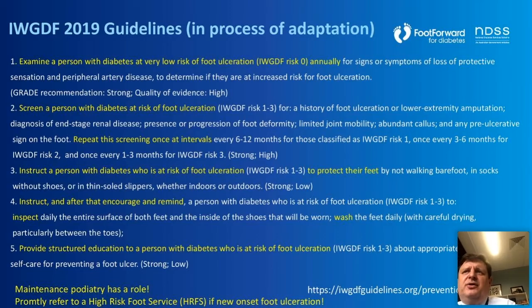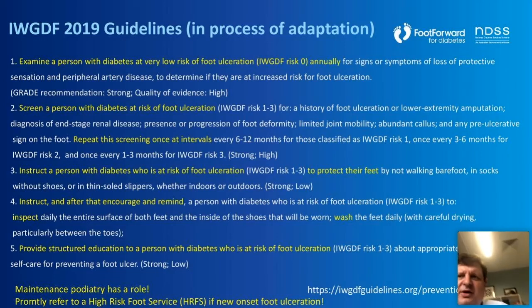If there is a person deemed to be at high risk, then we need to educate them about protecting their feet indoors and outdoors, and we also need to encourage them to inspect their feet on a regular daily basis, to wash their feet and moisturise their feet, to report promptly if they develop new onset foot ulceration. And in addition to that, maintenance podiatry is very important.